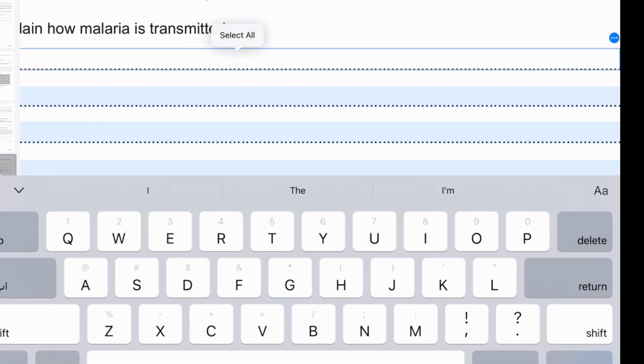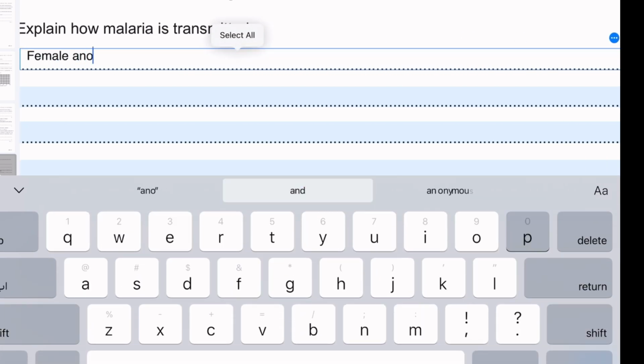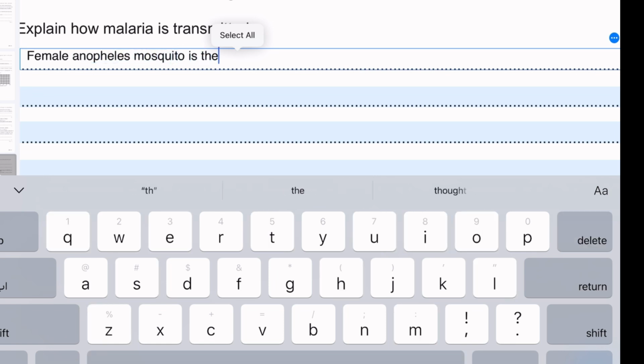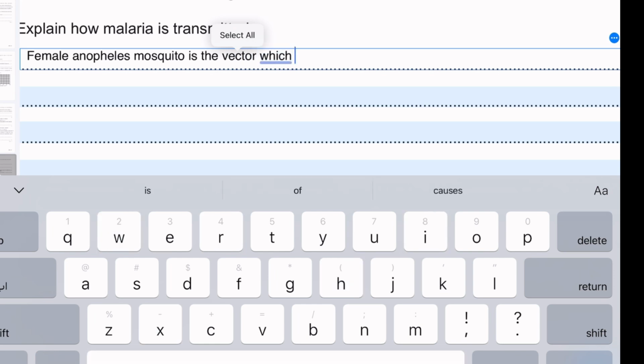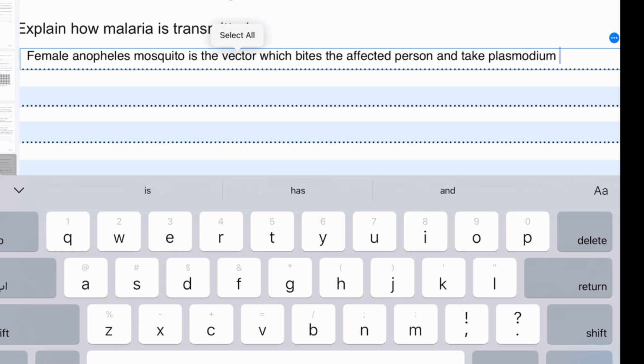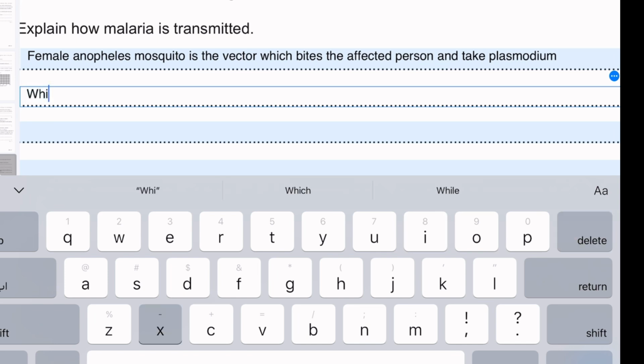So here we're going to say the female Anopheles mosquito is the vector, which could bite the affected person and take plasmodium, which develops in its gut, and then bites an unaffected person.